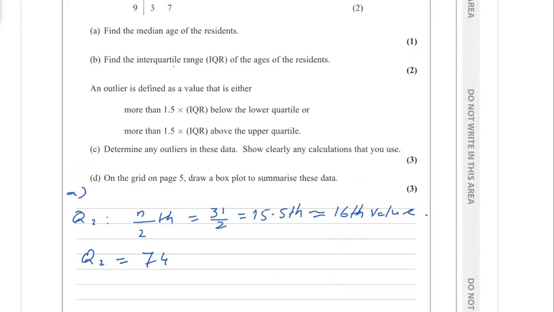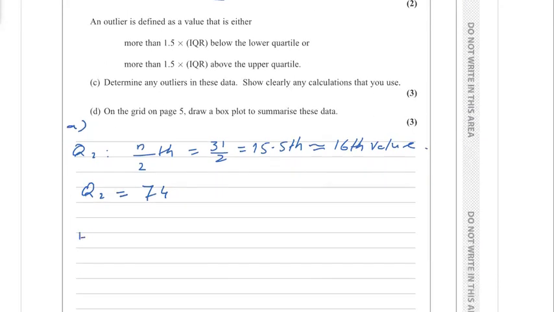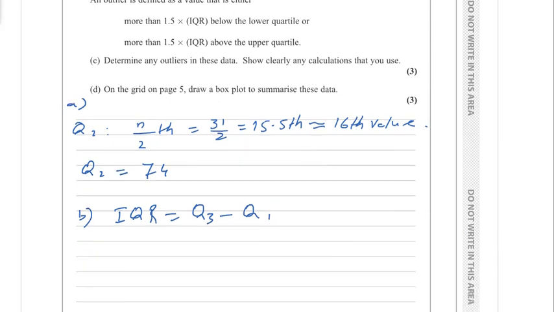Part B is find the interquartile range of the ages of the residents. Now, the interquartile range IQR is equal to Q3 minus Q1. So first we need to find Q3. Now Q3 is 3/4 of n. That value is Q3.